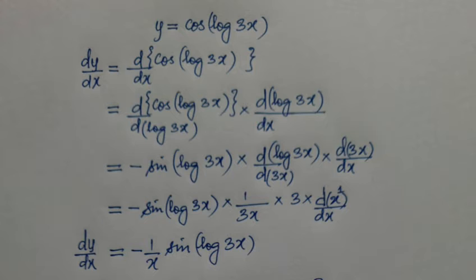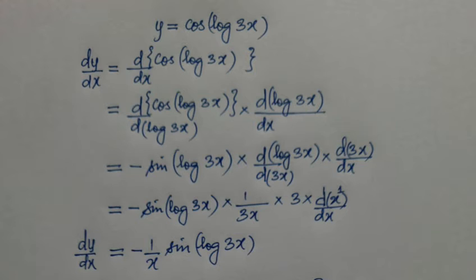For the second derivative, you see that the function log of 3 times x is again a composite function. So there is no straight formula to find the derivative whenever the given function is in composite form.